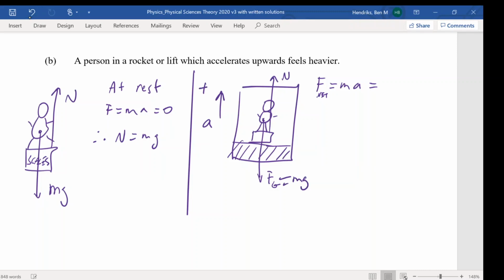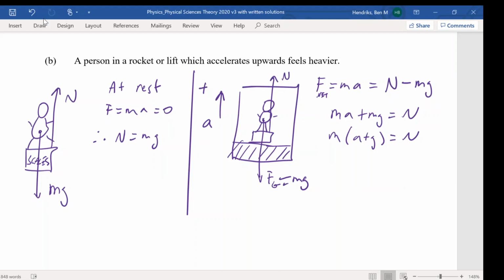So that means that the normal force is positive and the gravitational force is negative, and they're equal to ma. So let's now add the force of gravity to both sides. So we're left with ma plus mg is equal to the normal force. Right? And so then N is equal to m times (a plus g).